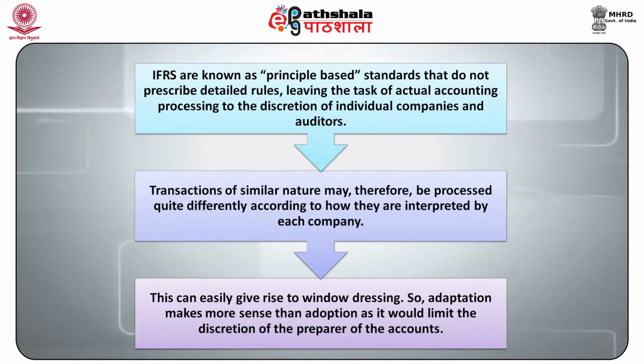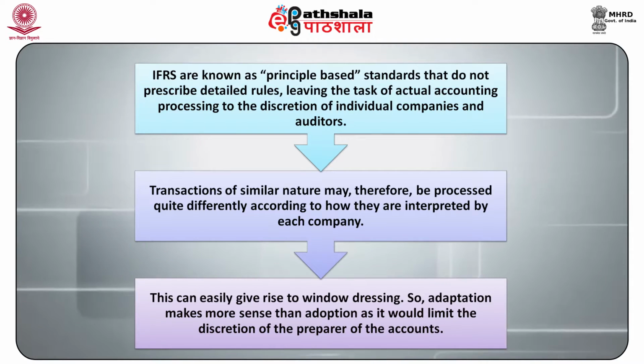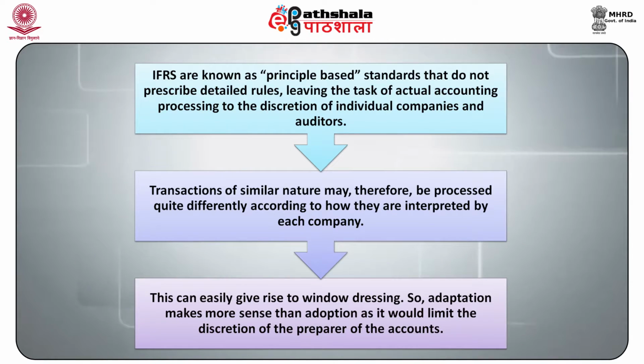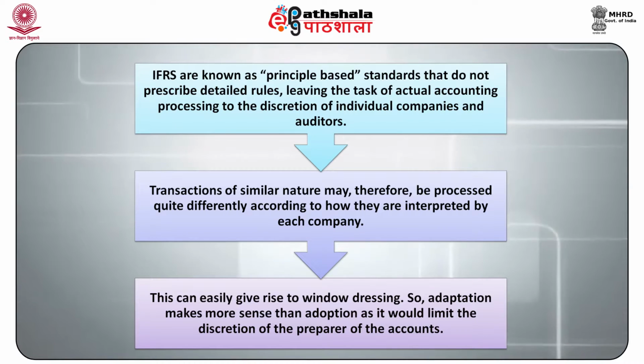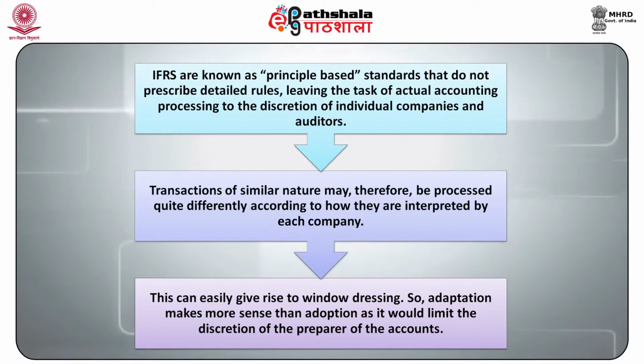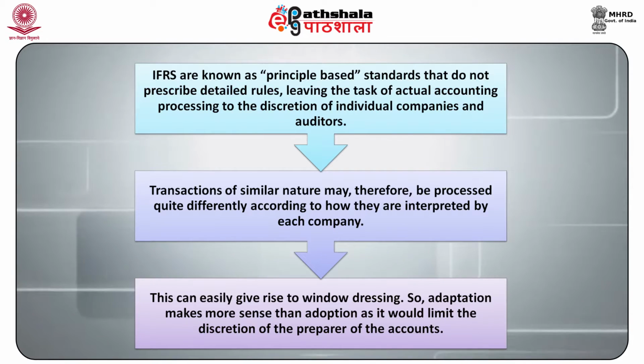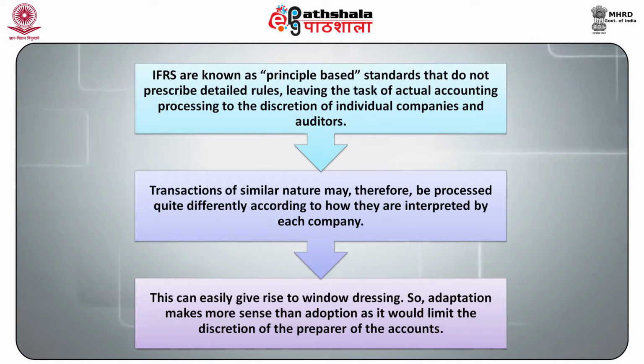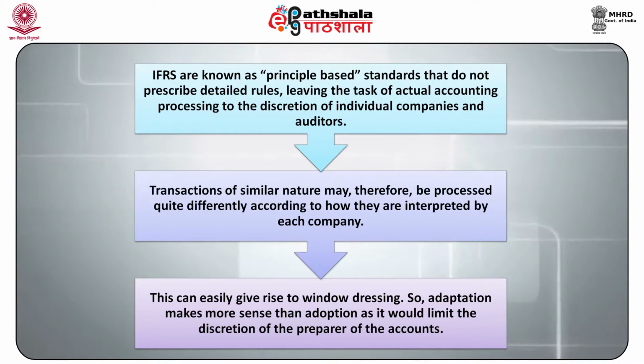IFRS are known as principle-based standards that do not prescribe detailed rules, leaving the task of actual accounting processing to the discretion of individual companies and auditors. Transactions of similar nature may therefore be processed quite differently according to how they are interpreted by each company. This can easily give rise to window dressing.